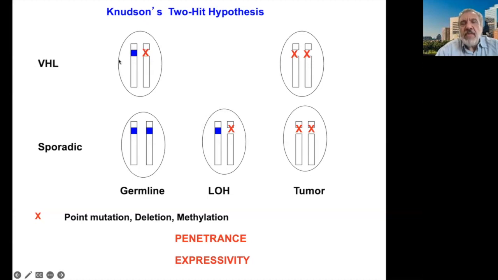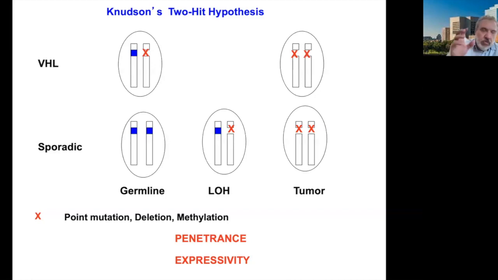But what happens is all the cells in the body have a blue and a red gene. That means a good one and a bad one. And then some cells lose the good one, the blue one, and these double negative cells, the cells that are VHL negative, as we say, start growing and give tumors. VHL is also deleted in about 90% of the cases of sporadic equivalent.